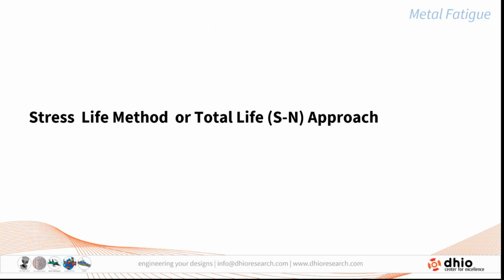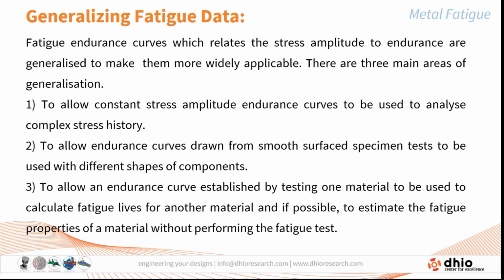So, the stress life method, or total life, or SN approach. The fatigue endurance curve, which relates the stress amplitude to the endurance, is generalized to make it more widely applicable. There are three main areas which are generalized. Those are to allow the constant stress amplitude endurance curve to be used to analyze complex stress histories, to allow an endurance curve drawn from a smooth surface test specimen to be used with a different shape of component, and to allow an endurance curve established by testing one material to be used to calculate the fatigue life of another material.